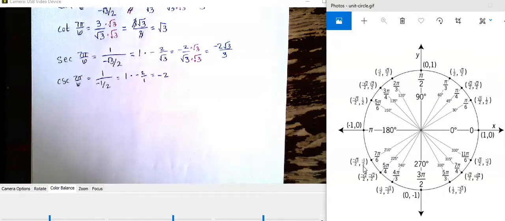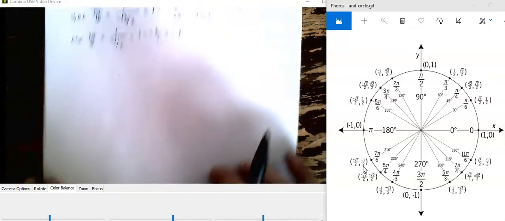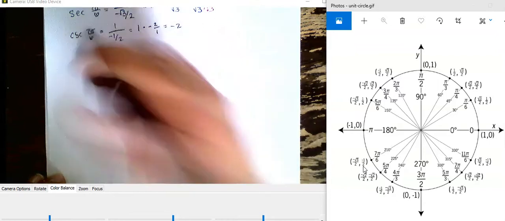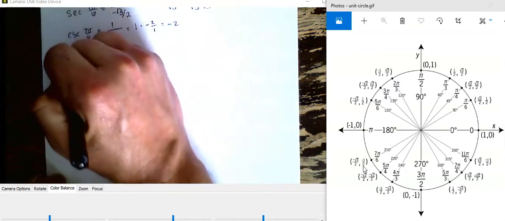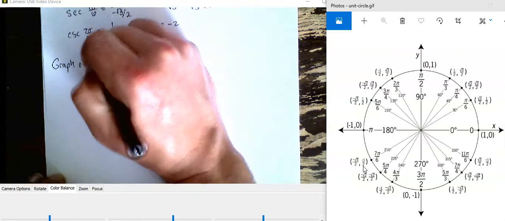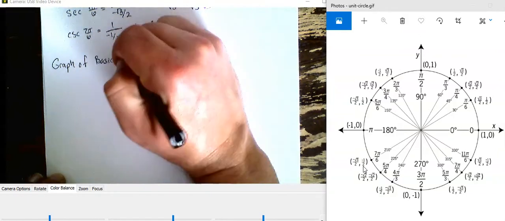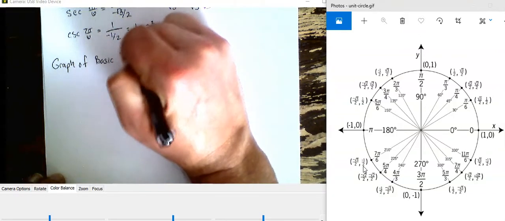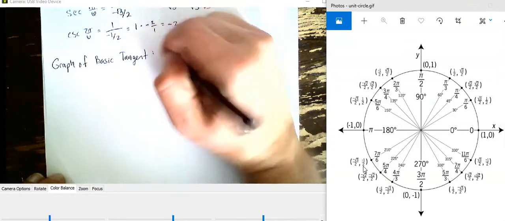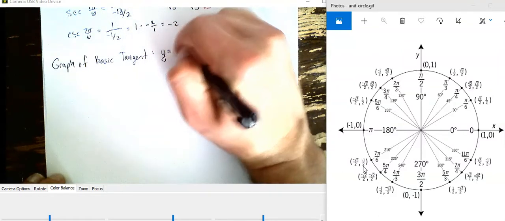Okay? So let's look at the graphs of tangent and cotangent. So first we'll do tangent. Graph of basic tangent. Let's say y equals tan x.